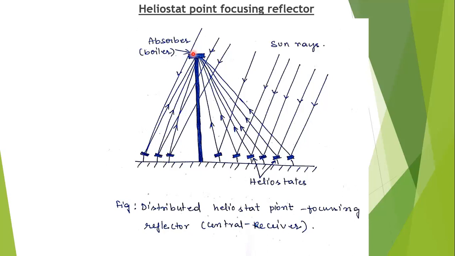A practical size per aperture area will be about 50 square meters, from which we can attain 15 to 20 kilowatts of useful energy by thermal conversion process.